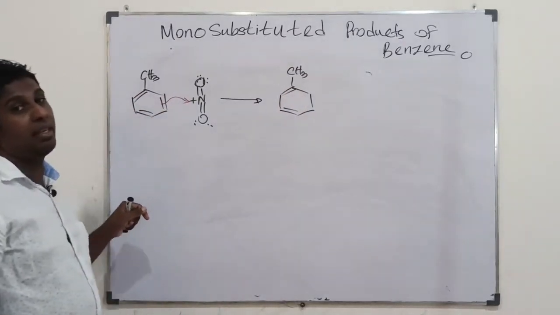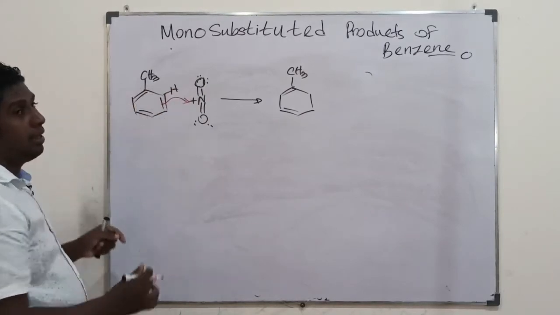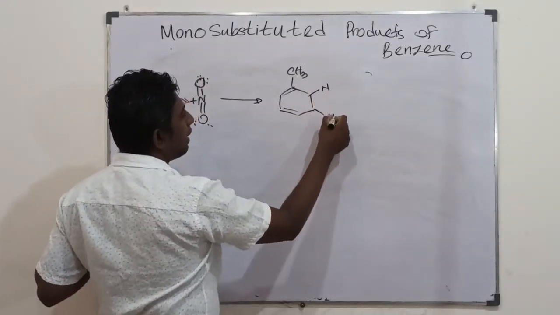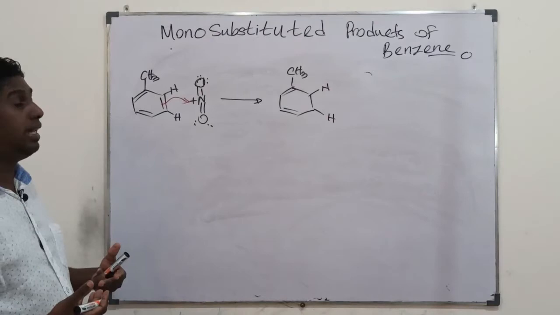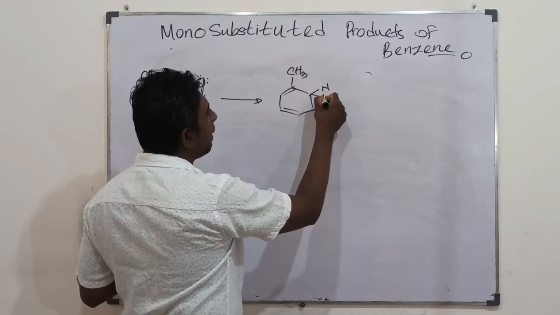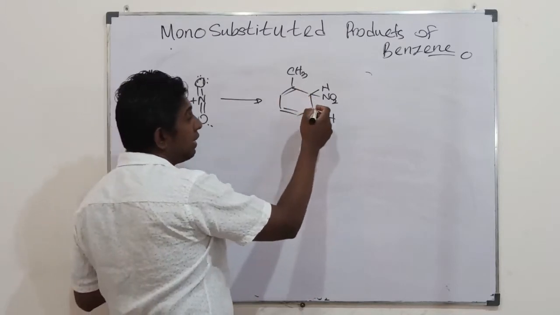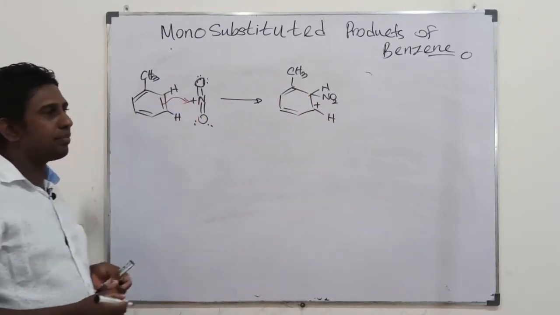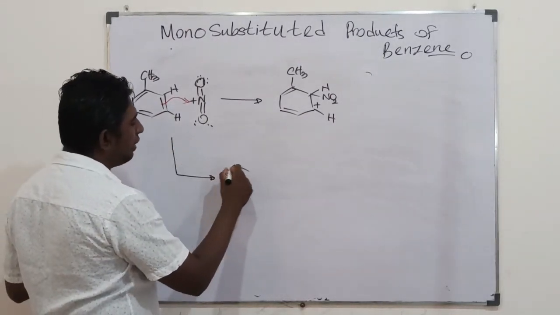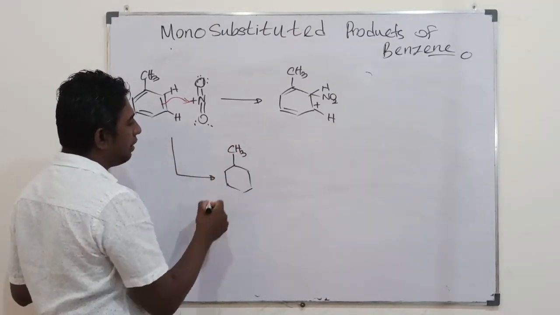These two pi bonds remain unchanged. So on all those carbons you get hydrogen. I am showing these two hydrogens only so that I could show you the change taking place. So if the nitro group attacks the carbon here at the ortho position, you get the plus charge here.